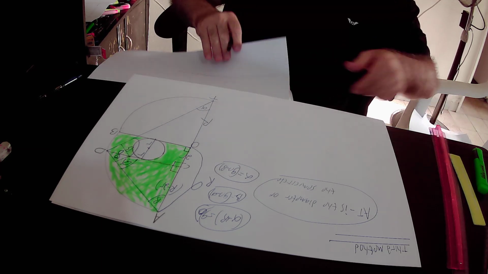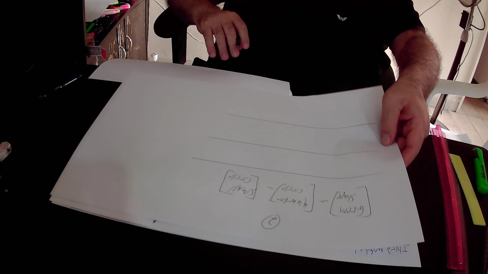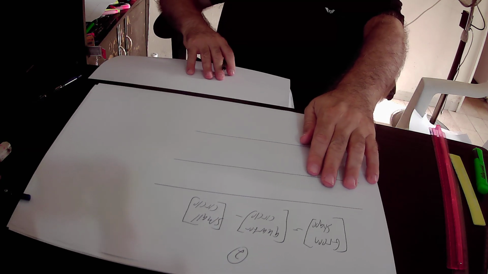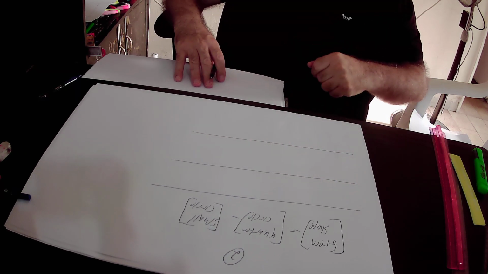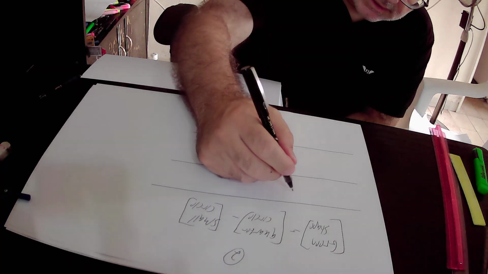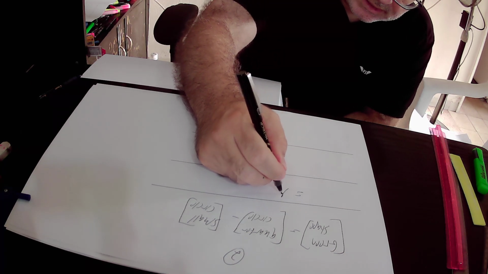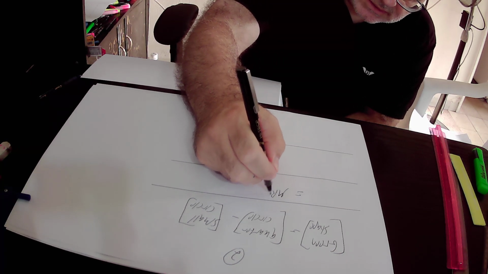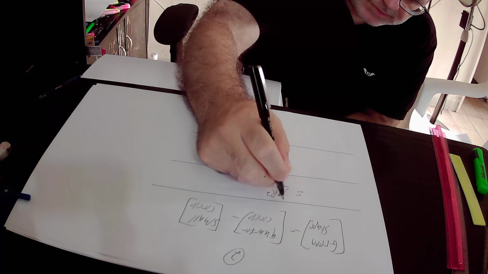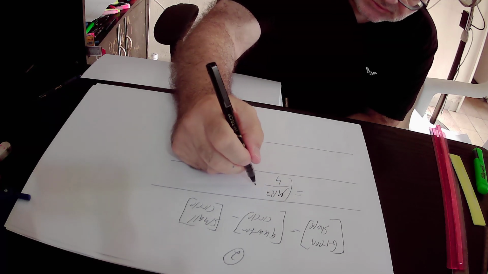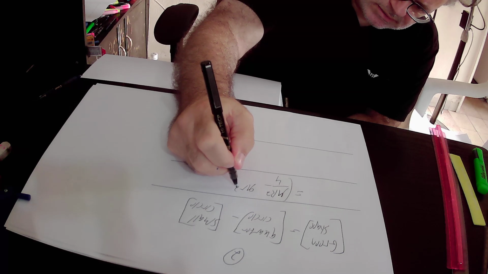I'll repeat again: the area of the green shape equals the area of the quarter circle minus the area of the small circle. We have already found out that the area of the quarter circle equals pi times capital R square over 4, minus the area of the small circle, that is pi R square.